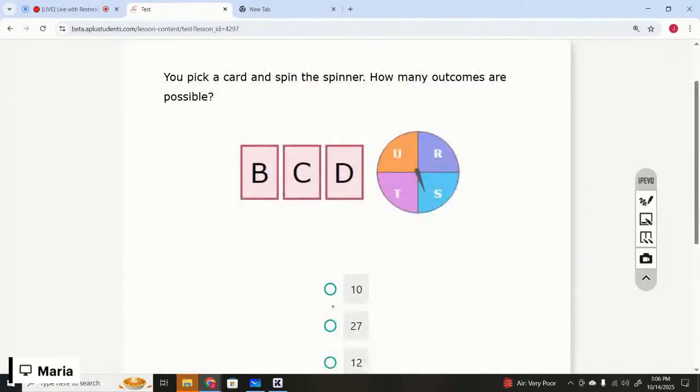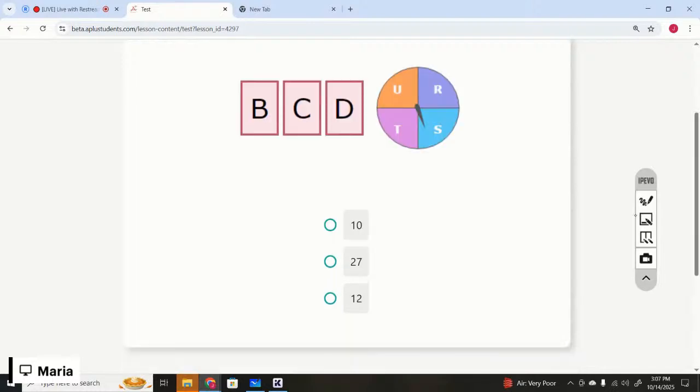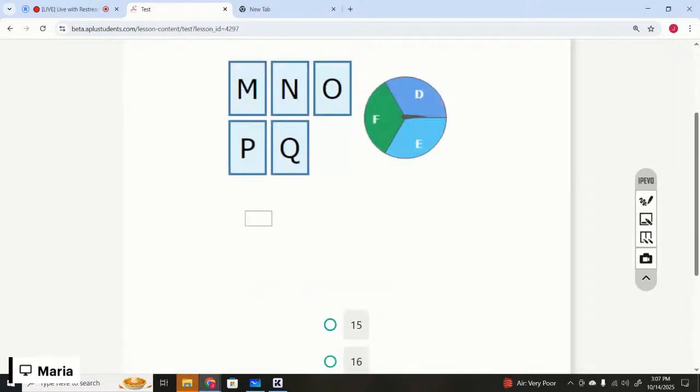You pick a winner. How many outcomes are possible? That is 3 times 4 is 12. Option number 3 is the correct option.